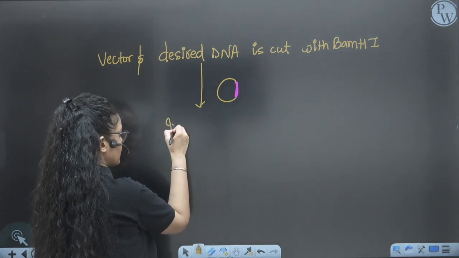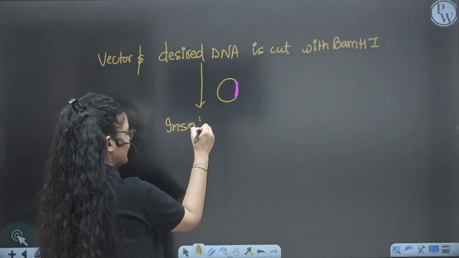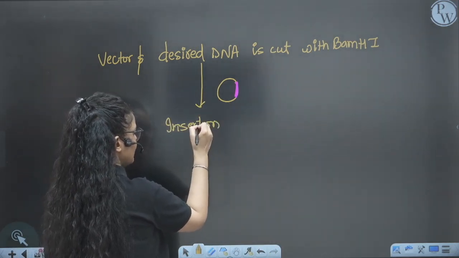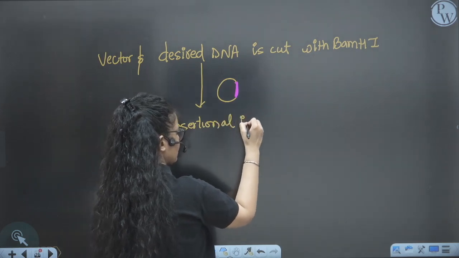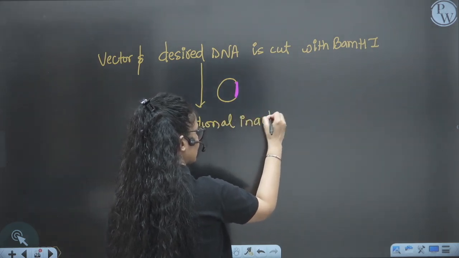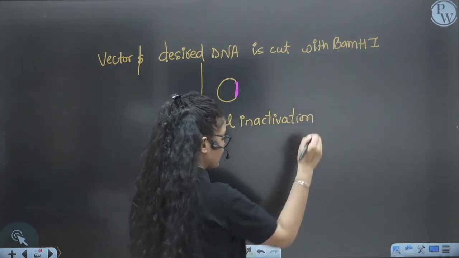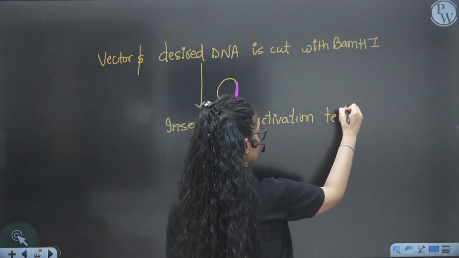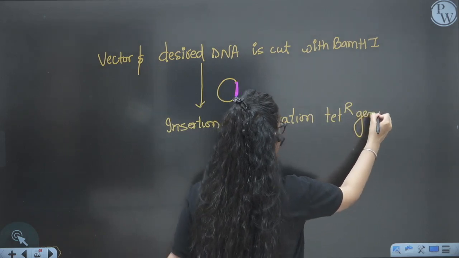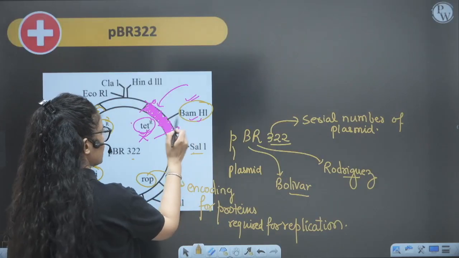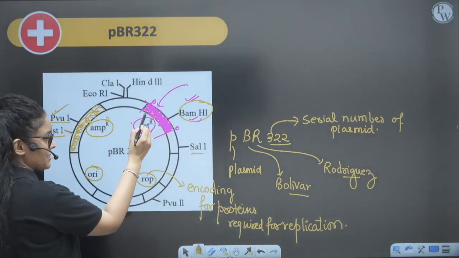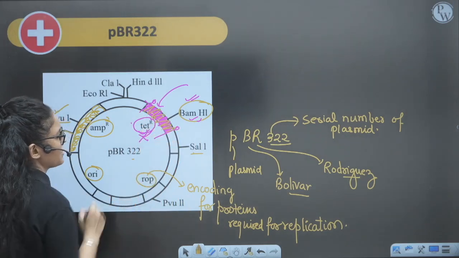Because of this, what will happen? Insertional inactivation. Insertional inactivation means that because of the insertion of our gene of interest, we have inactivated the tetracycline resistance gene, because our BamHI site was present in the tetracycline resistance gene, and we have pasted our gene of interest there.